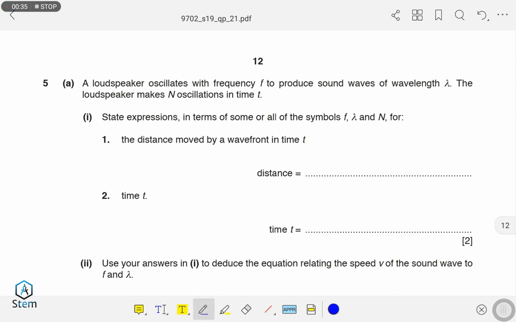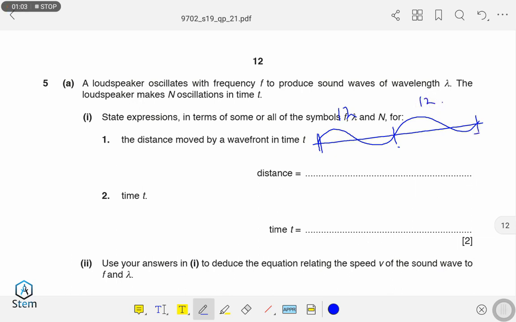Okay, so let me just draw a simple wave. From here to here, this is a distance of 1 lambda. From here to here, this is a distance of 1 lambda.